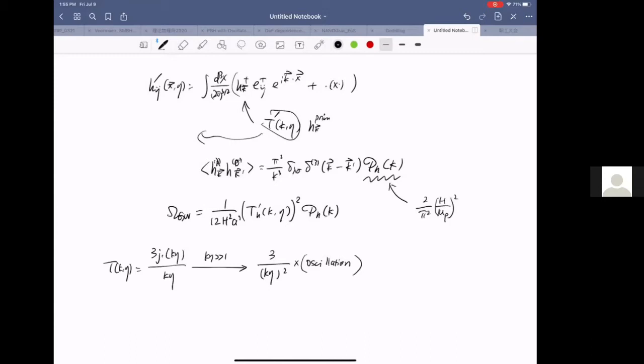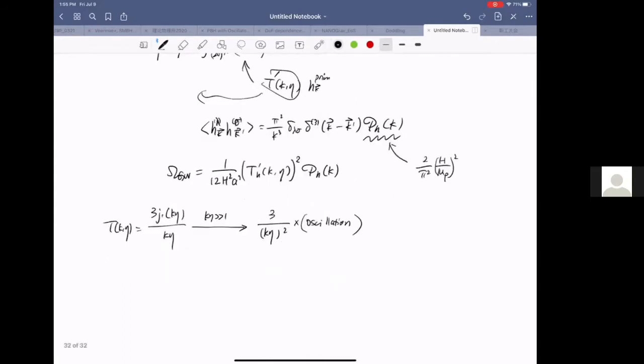So roughly speaking, it is just something like this. And a prime will give an extra k, because you have the oscillations with respect to k eta, of course. So a prime means a k here. So you have a k and some oscillations.